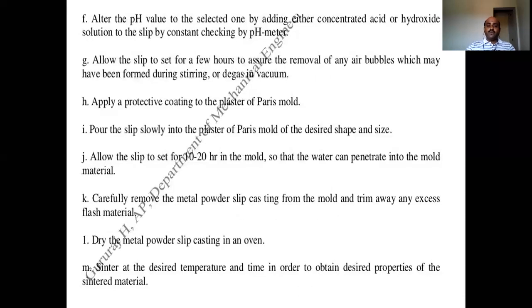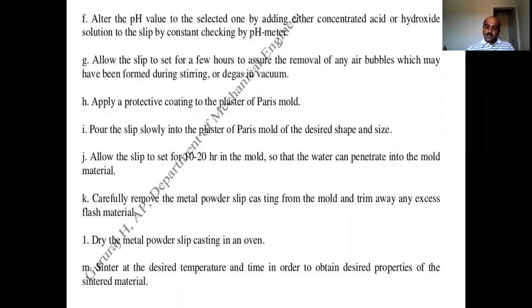Alter the pH value to the selected one by adding either concentrated acid or hydroxide solution to the slip, with constant checking by a pH meter.